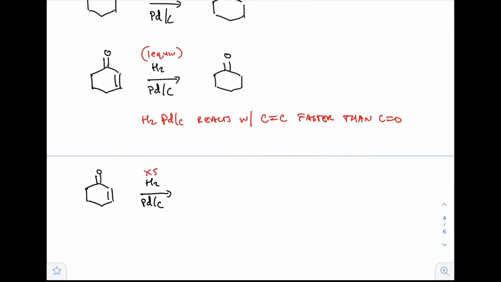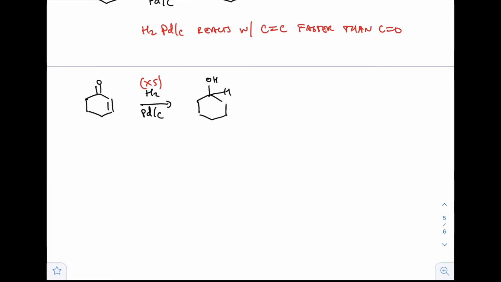Let's say we have excess, a lot of H2 and palladium on carbon, or two equivalents, if you will. We're going to get hydrogenation of the ketone, the carbonyl group, as well as the alkene. So we're going to get the alcohol product. Now, here's the kicker. Let's say we have sodium borohydride or lithium aluminum hydride.